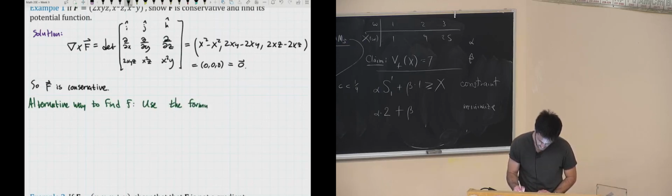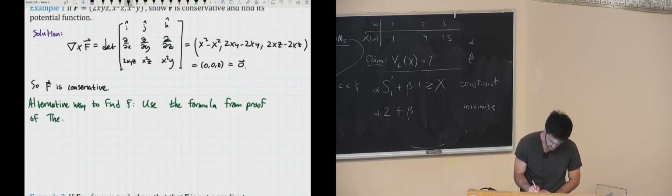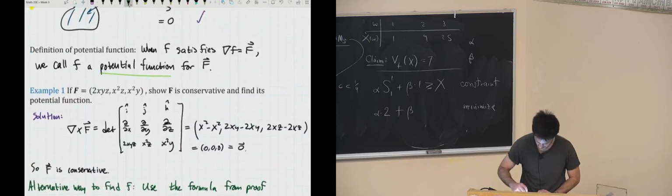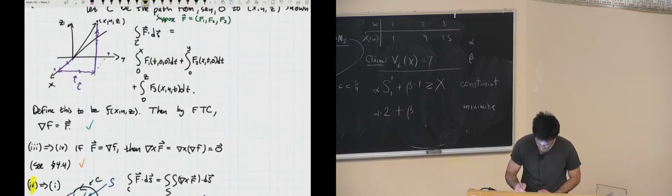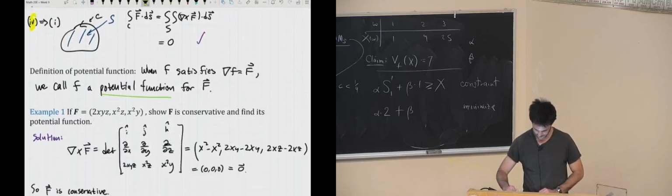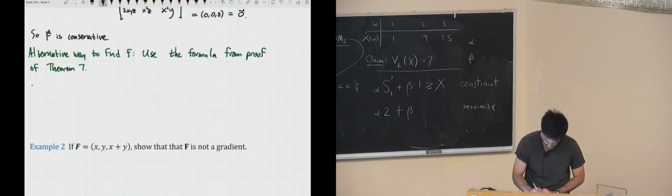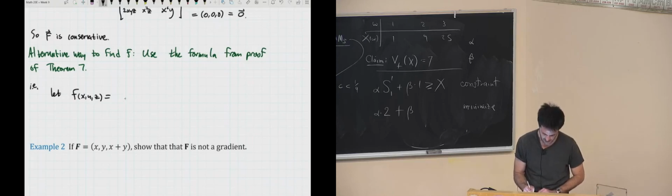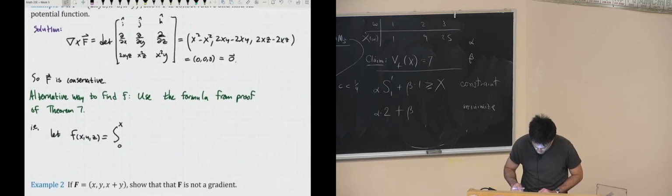We use the formula from the proof of the theorem. So I'm talking about this formula. Okay? In other words, we let f of x, y, z, this is a definition, equal the integral from 0 to x of f1.